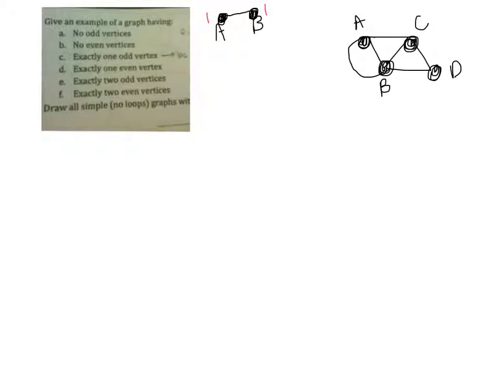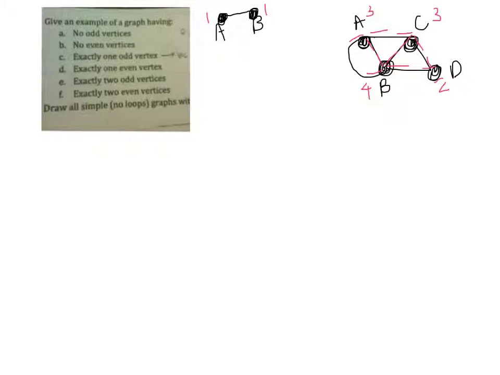So we'll say the order of vertex A. So you have one edge coming out here, one edge coming out here, and another edge coming out over there. That's going to be order of 3, so that's an odd vertex. For B, you'll have one edge there, another here, a third edge, and a fourth edge. So B is going to be an even vertex. For C, you're going to have 1, 2, 3, so C will be an odd vertex. For D, you'll just have 2. It'll be an even vertex.